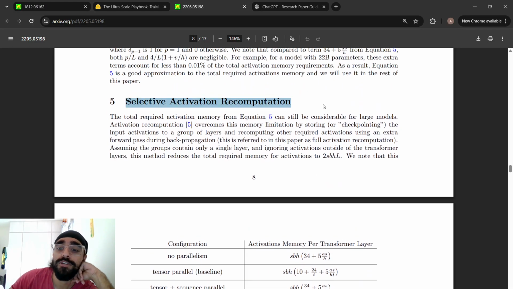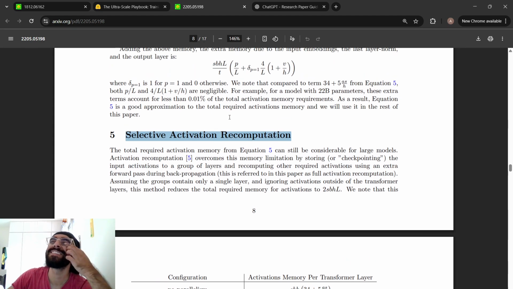Selective activation recomputation. So in selective activation recomputation, as I said, instead of storing the activation for the inputs to each transformer block, they do something smarter.